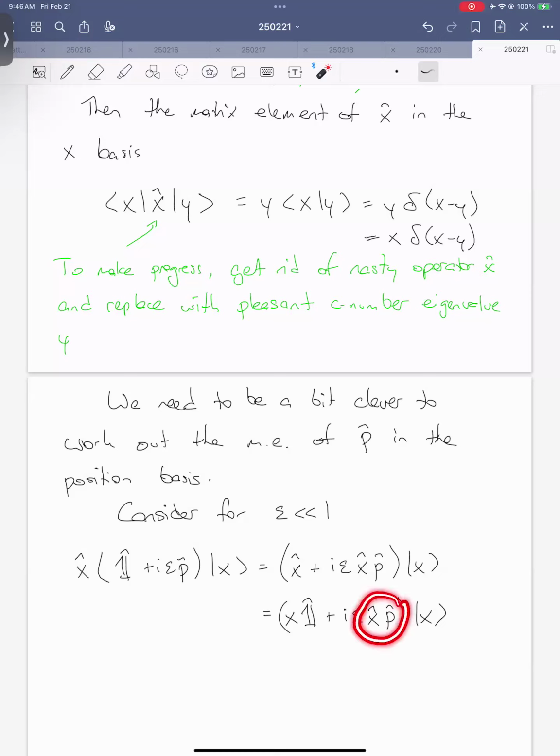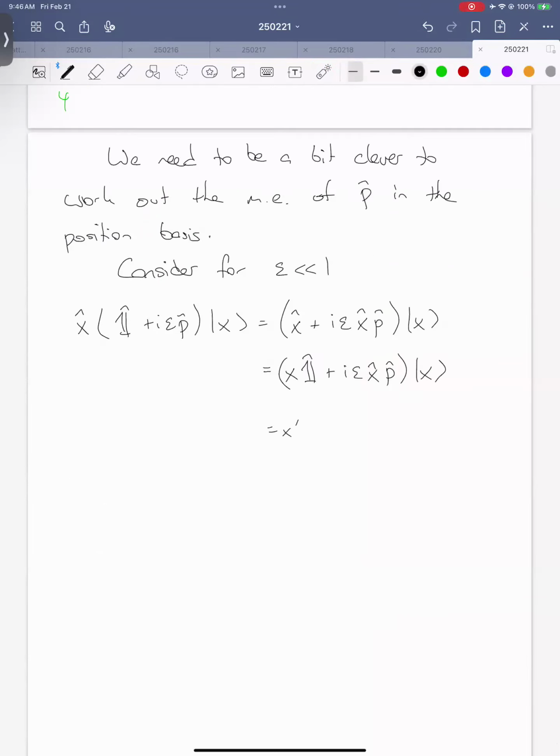Now this xp is nasty because I have two operators, but if I can commute the x past the p, then I can act the x on the x eigenket and replace the x operator with the x eigenvalue. I can't do that for free because I know that xp has a non-zero commutation relation, but I know what that commutation relation is.